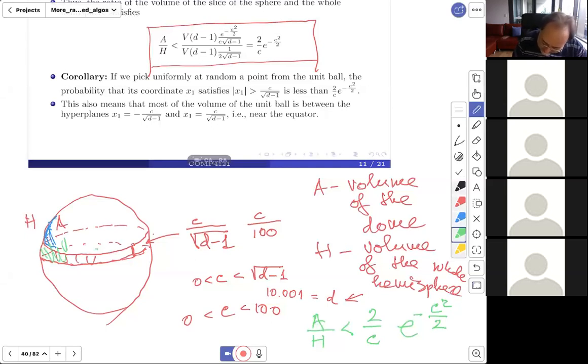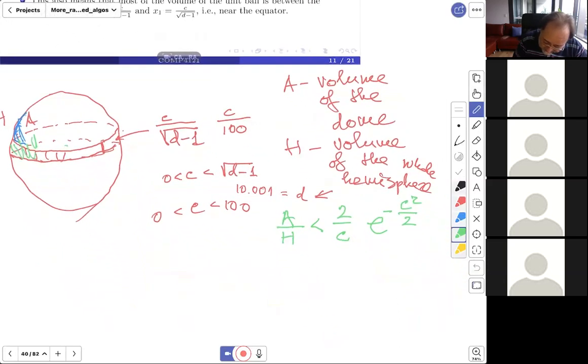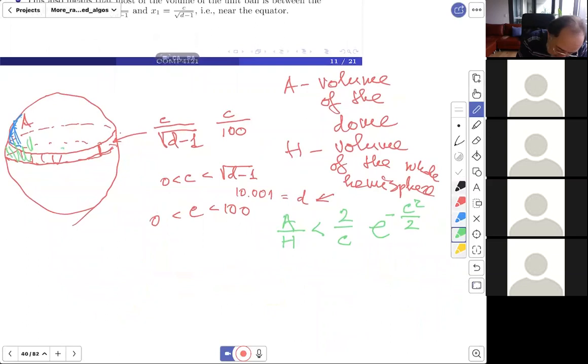Okay, so let's take C. This here is the square root of D, okay?